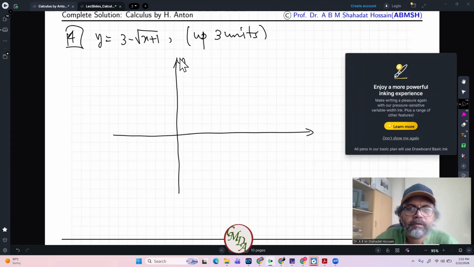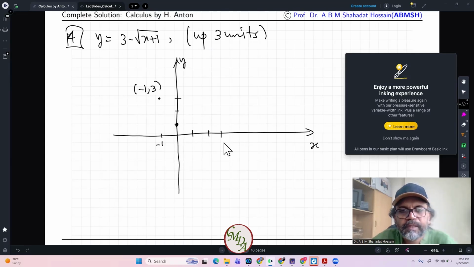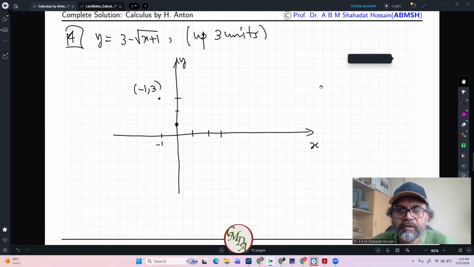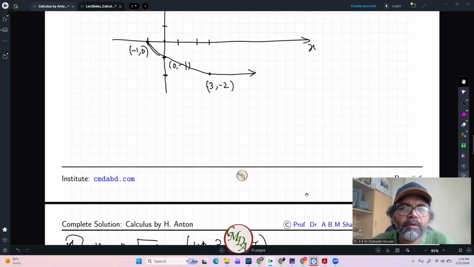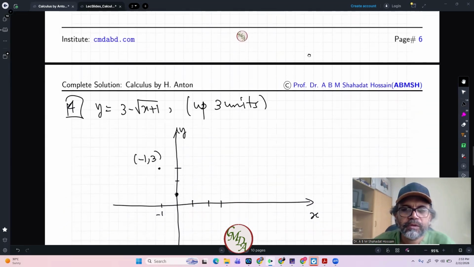So we are using the 3-point formula, -1, 0, 3. So we have this now.